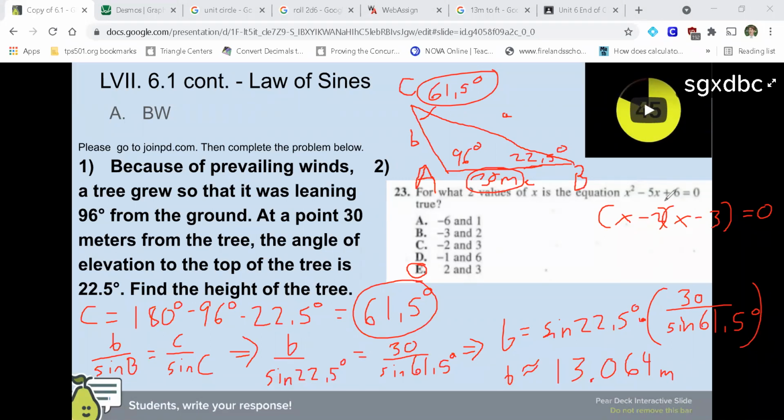If you had the quadratic formula, I think it'll take more time to write x equals negative 5 plus or minus the square root of negative 5 squared minus 4 times 1 times 6 all over 2 times 1. Unless maybe you had Mr. Rupp for physics and he programmed into your calculator the quadratic formula, then maybe it could be faster.